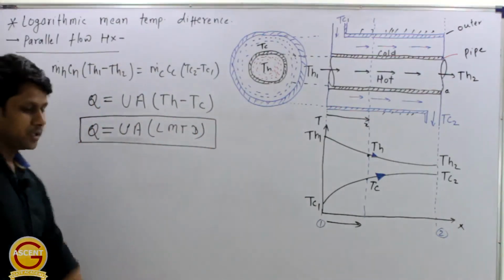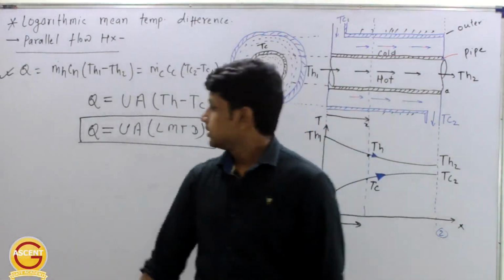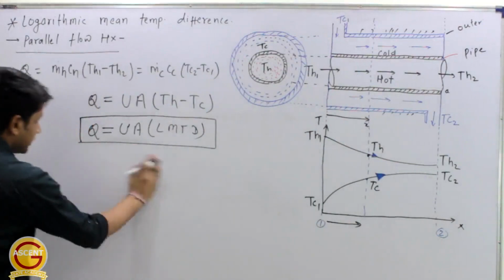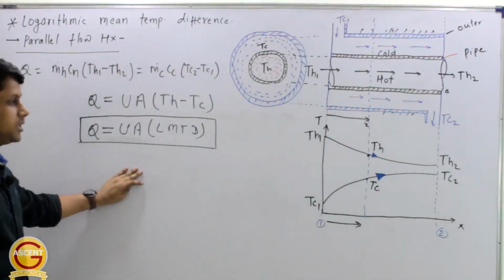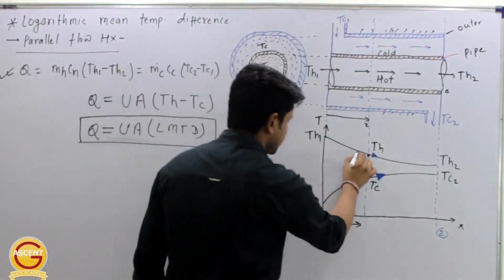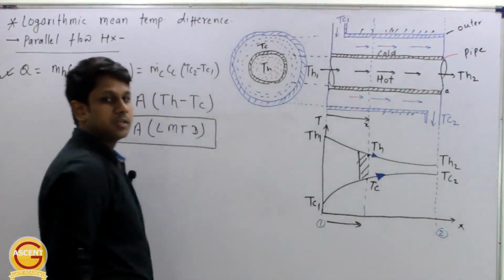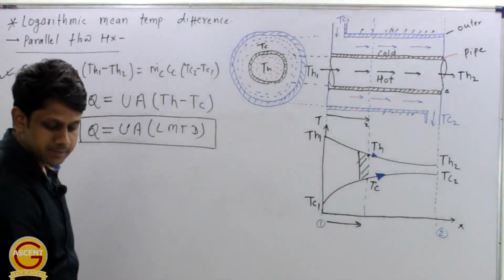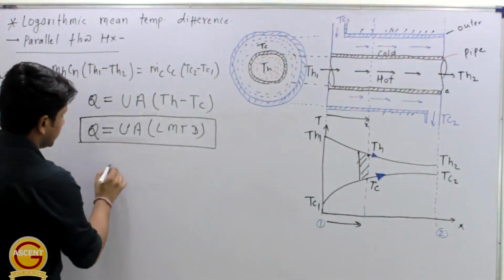Now the only unknown here is the formula of this LMTD, which we have not discussed. Right, so let's write down the formula of LMTD. See, there is a derivation for this LMTD. You have to take an element at this distance x, then you have to write the formula of dq. These things are not important for us. I am just giving you the equation of LMTD.